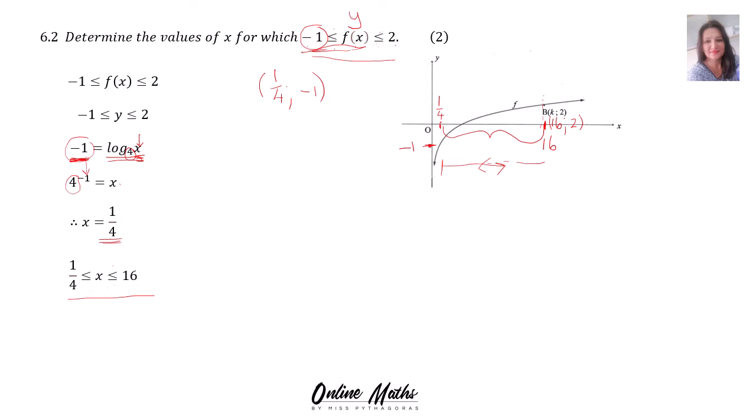And there's another way that you can write this: x is an element of [a quarter; 16]. The square bracket is because in your sum the y was smaller or equal to 2 and y greater or equal to -1. So that is how you do number 6.2.